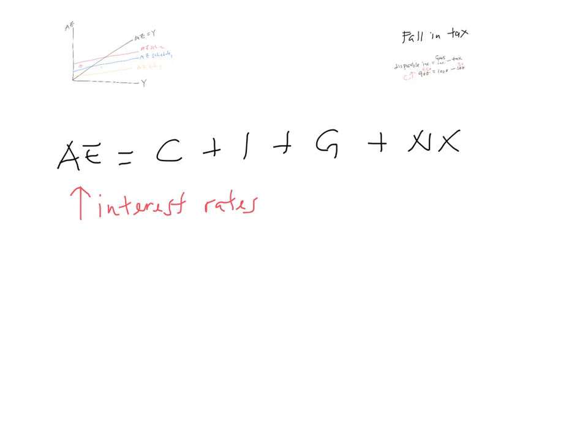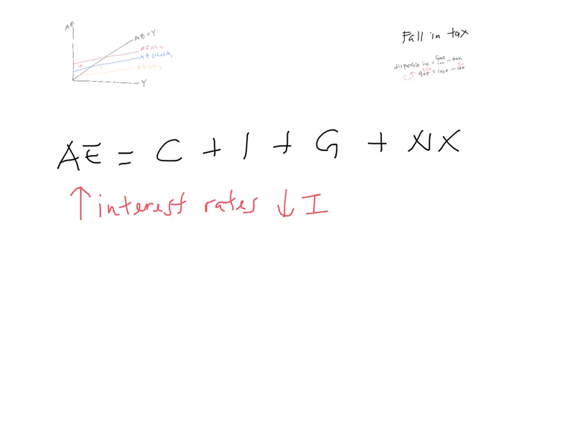Okay, an increase in interest rates, you need to understand, will affect investment. Businesses borrow money. If it becomes more expensive to borrow money, businesses will invest less. There will be a fall in investment. Right? A fall in investment means a fall in aggregate expenditure, means a fall in your aggregate expenditure schedule.